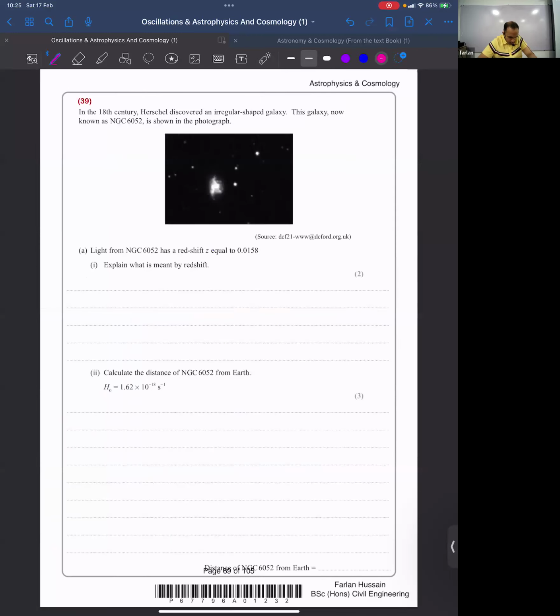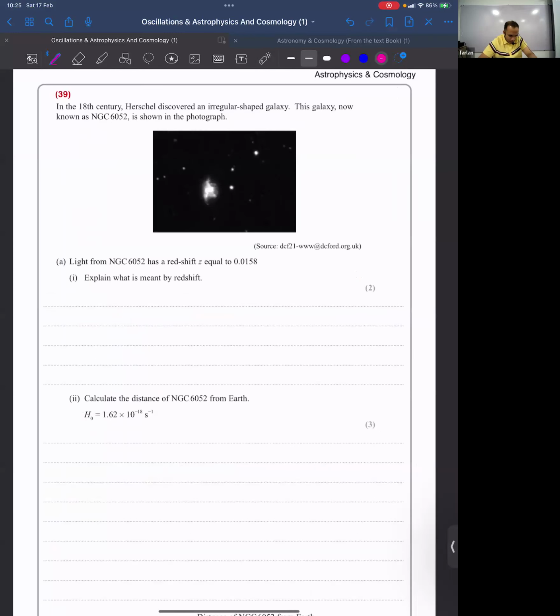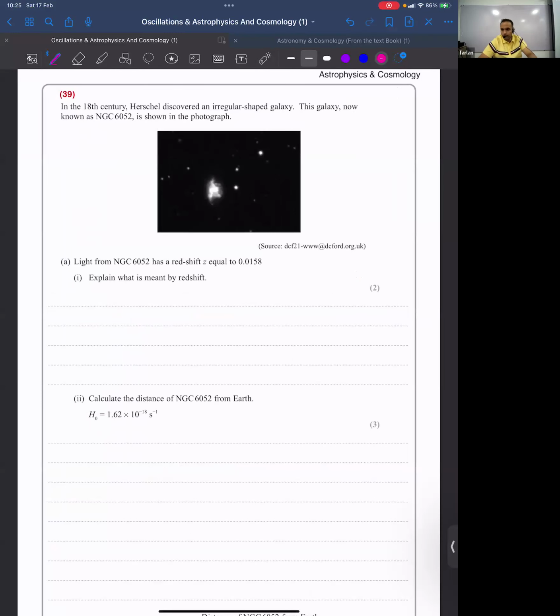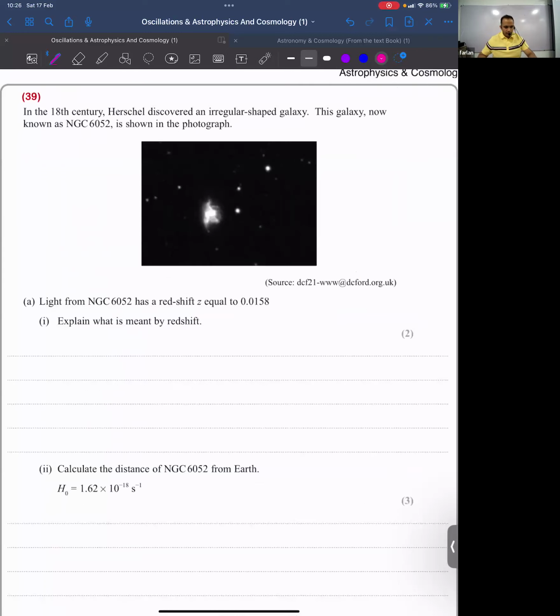Guys, page 69, question 39. In the 18th century, Herschel discovered an irregular shaped galaxy.